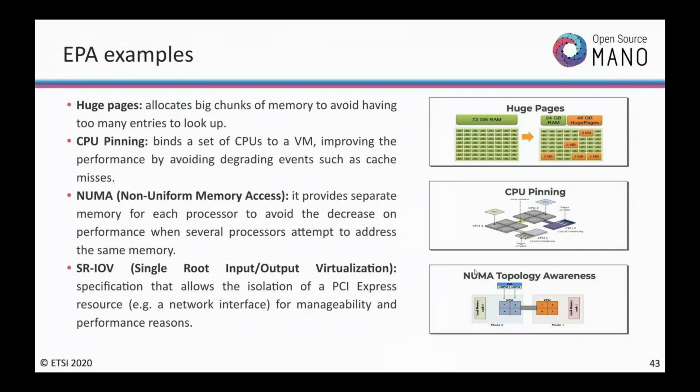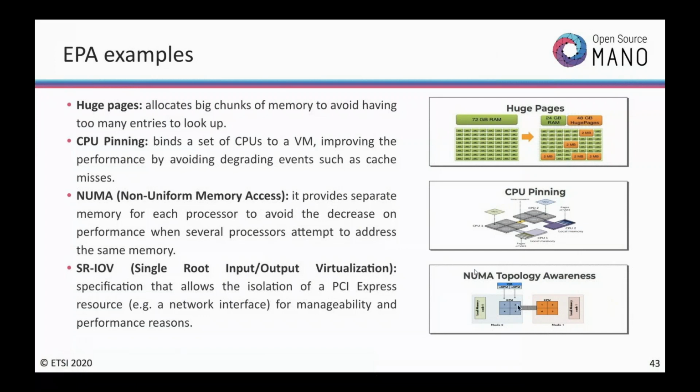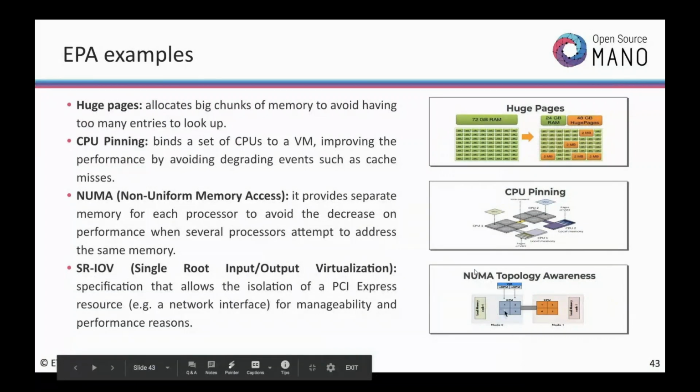NUMA, or non-uniform memory access, actually the complete name is non-uniform memory access topology awareness, is a way of making the system or the VM aware of the physical topology of the CPUs in the server, so that it can decide to belong to a single node, or if it doesn't care, put some CPUs in one node and the other ones in the other one.